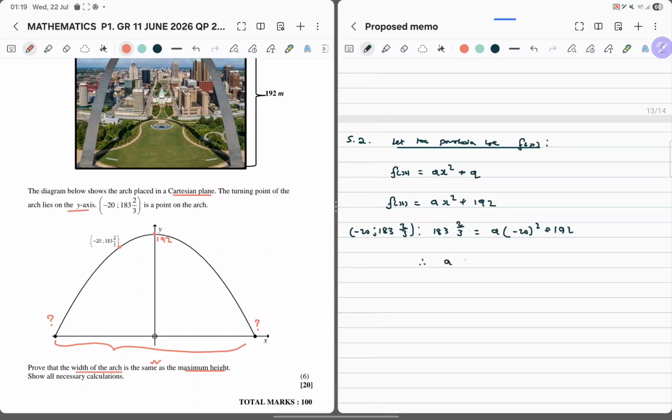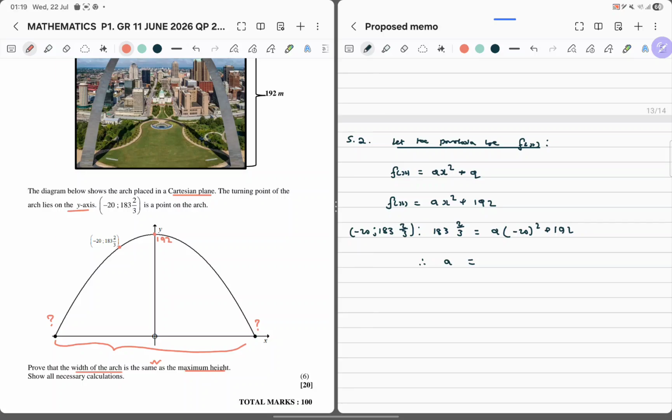And we can say therefore a is... How do you convert a mixed fraction? 3 times 183 gives you 549. You add the 2, then it is 551. You then divide by 3, so this is 551 over 3.